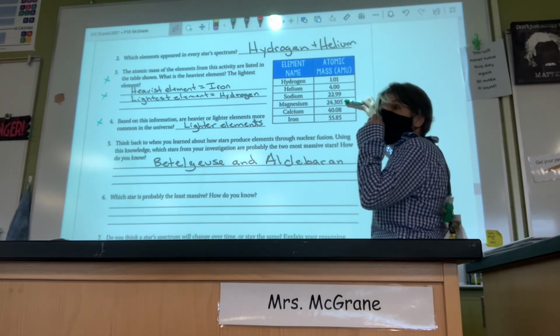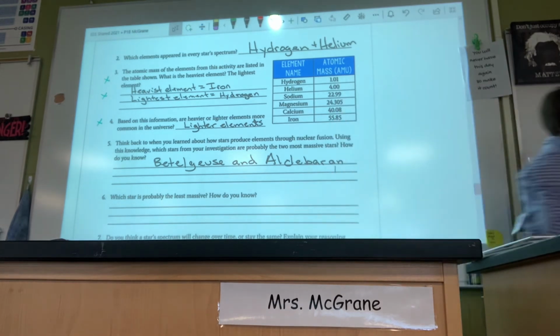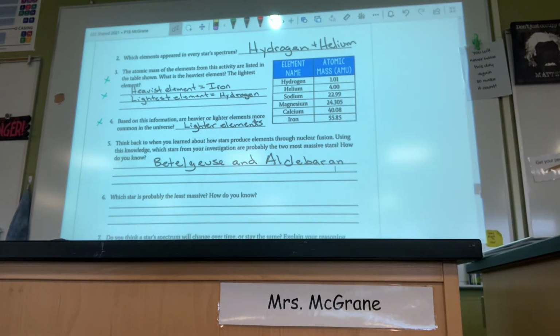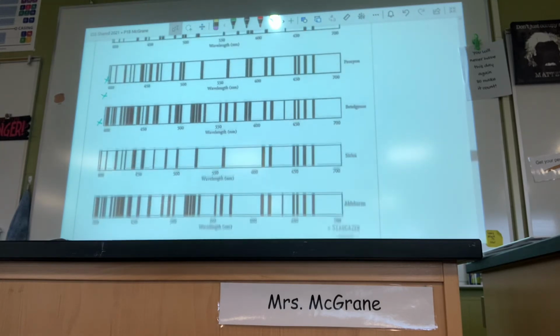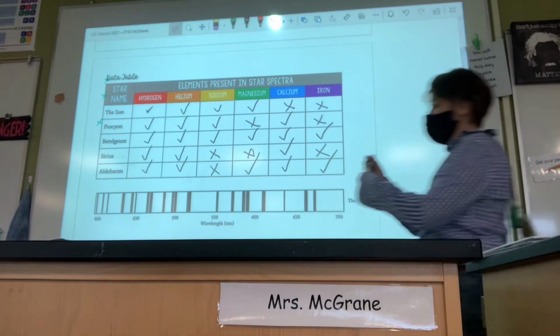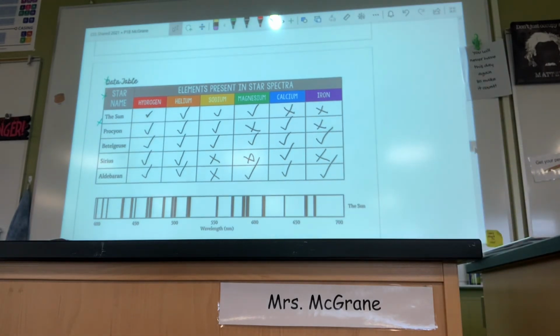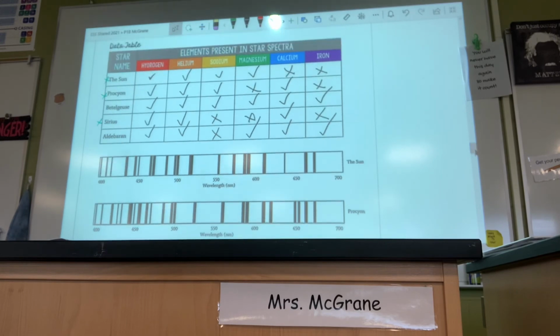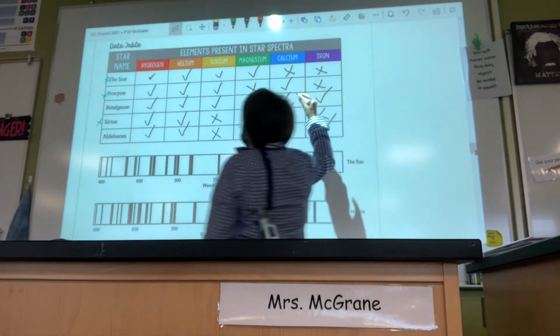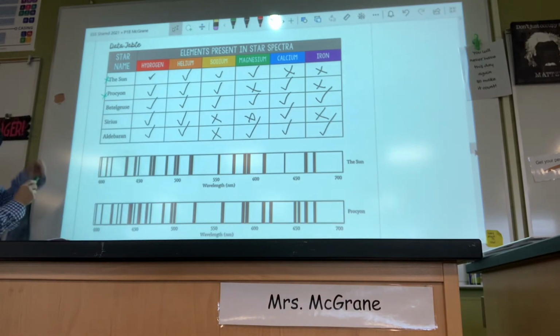So you're wrong. We know it's not Sirius. That's okay. Now let's go ahead and look at the other 2. We know it is not this one. So now we've got between Procyon and the sun.